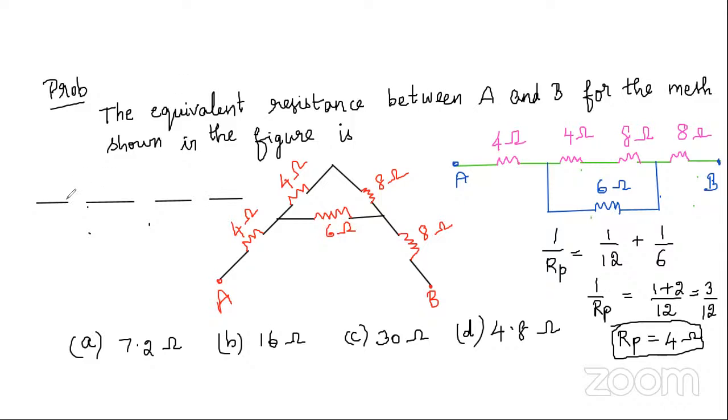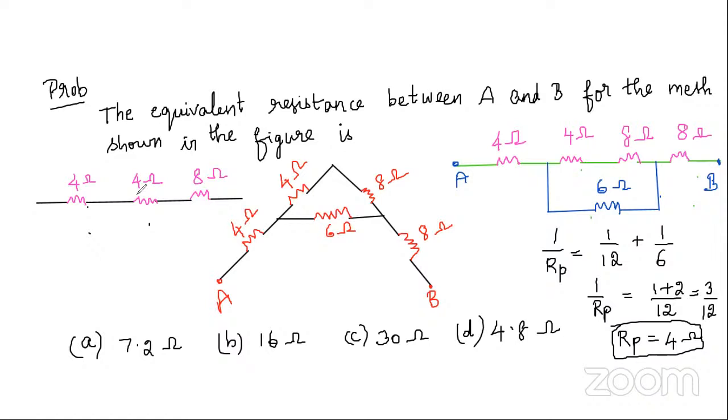So here I am having 4 ohm, and this branch has been reduced to 4 ohm by our calculation. So here I have to use one more 4 ohm, and here I am having 8 ohm. Okay.